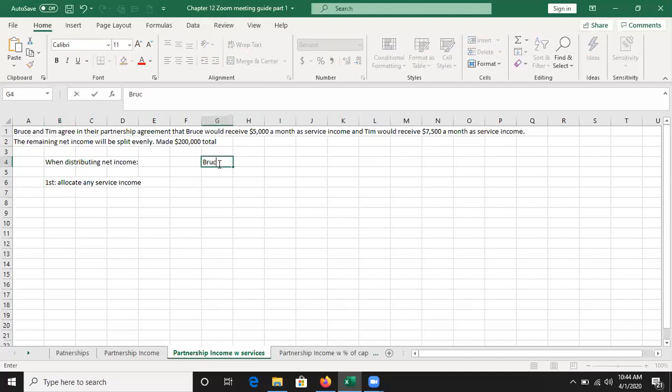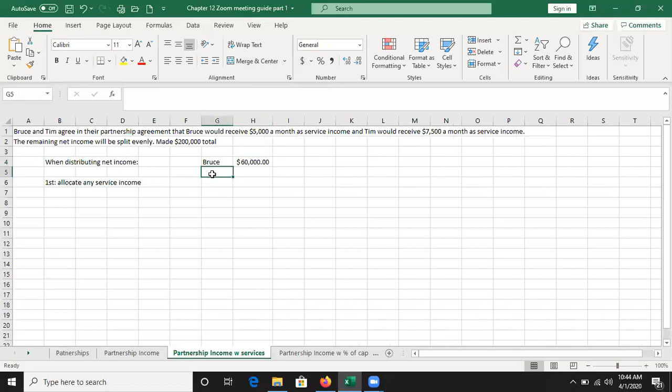So for the whole year, you have to put it into the year since it's in a month. Bruce would receive $5,000 times 12, which would be 60,000 as service income. Tim would receive 7,500 times 12, or 90,000 as service income.